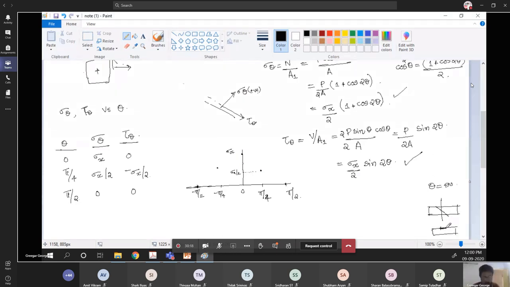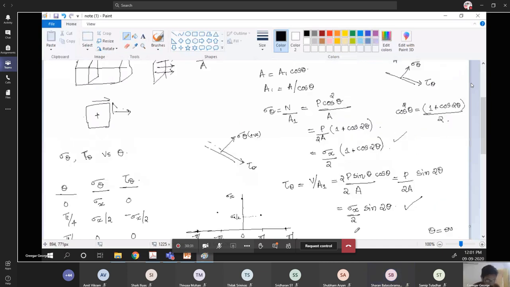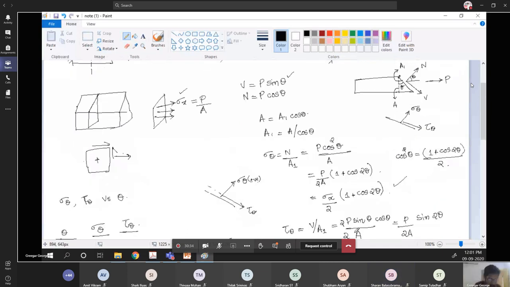He's asking whether there is a shear component, right? But when we consider the cross section, A equals A1 by cos theta, so at 90 degrees cos 90 will become 0, and A will become infinity.